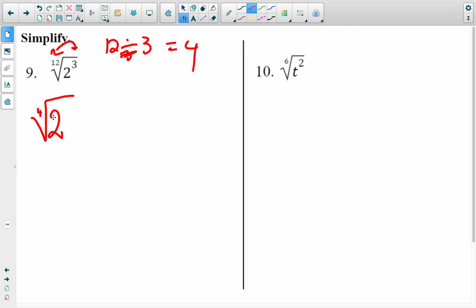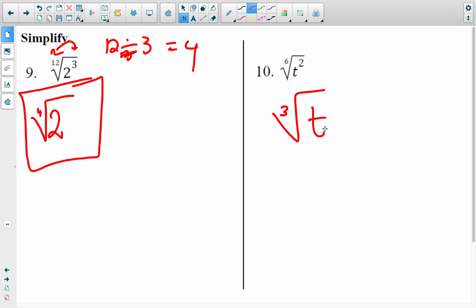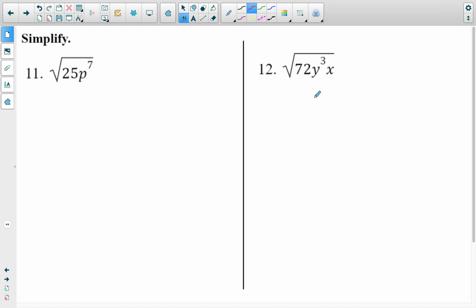So we can just change the index. Okay, so this is equivalent to the 4th root of 2. And then same thing here, 6 divided by 2 would just become the 3rd root of t. Feels kind of funny. The more practice that you do with these, the more you'll see, oh, there are patterns and all sorts of things that make sense.